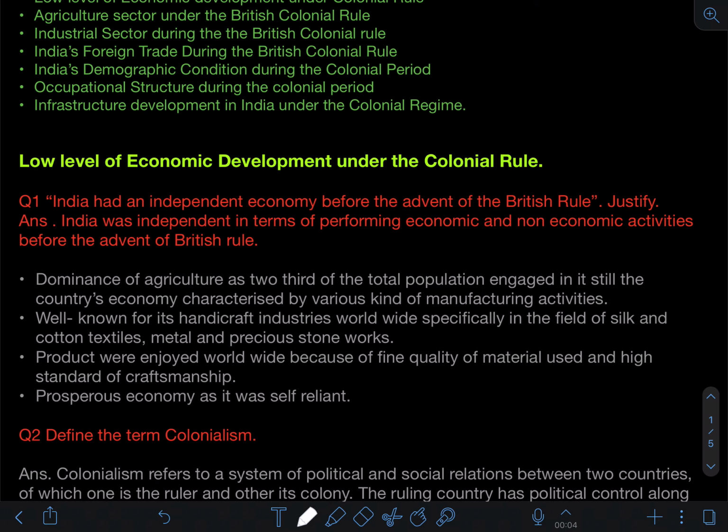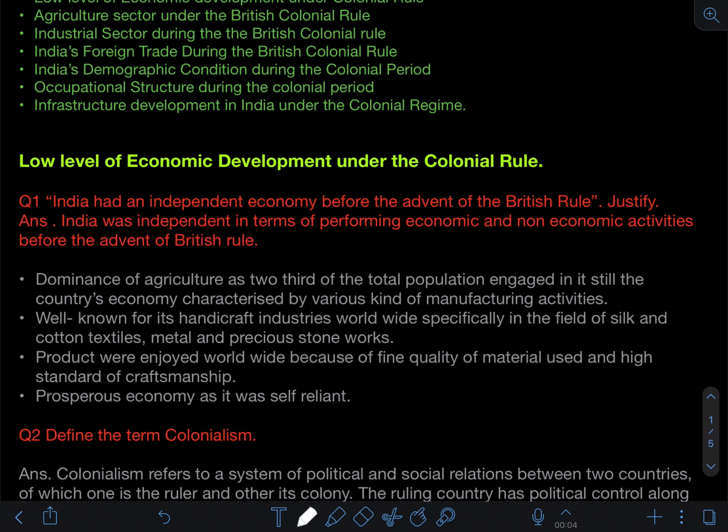So during the colonial rule, let's talk about the colonial rule first. What is colonial rule? If you remember the Battle of Plassey, that happened earlier. So the Britishers from that point of time came to India, right?